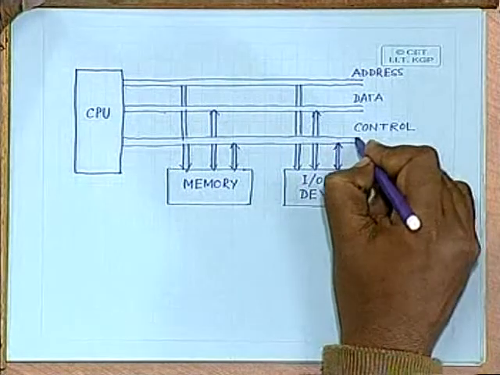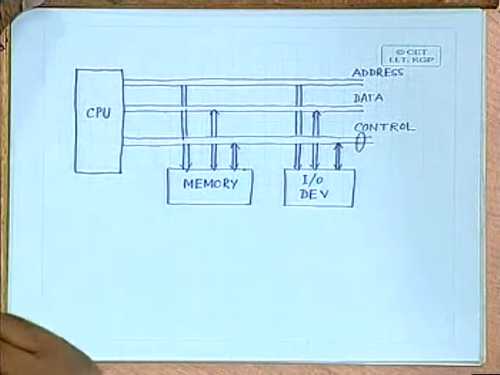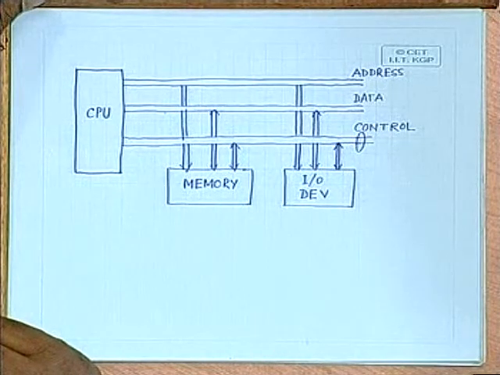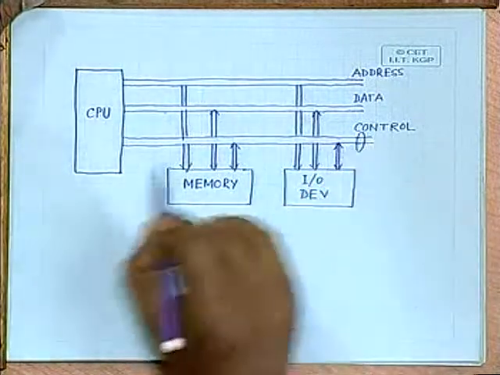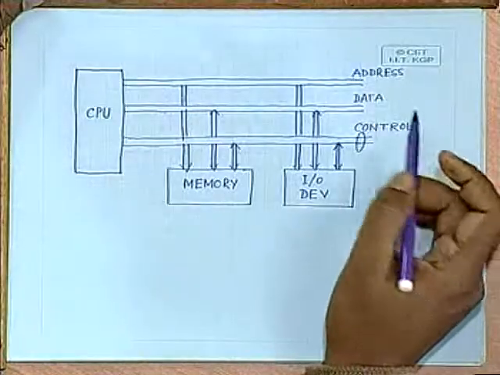Now, coming to these control lines, what are the control lines that we would like to have in case of CPU? Control lines which are to be generated by the CPU. You find that we have two basic operations that are to be performed. There are other operations as well. We will come to all of them in our subsequent lectures.